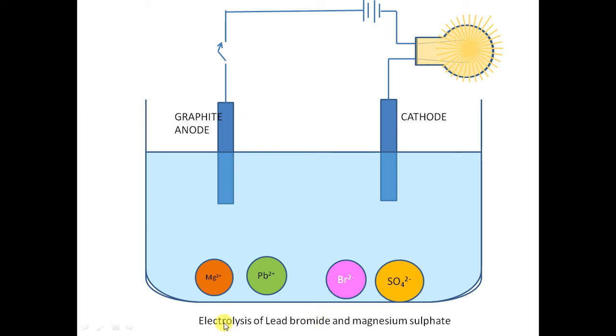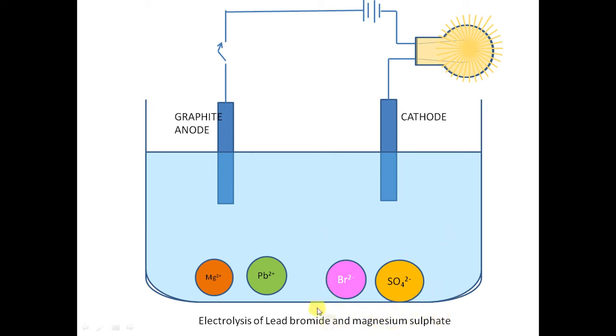The lead bromide compound will form lead ion as well as bromide ion. The magnesium sulfate will form magnesium ion as well as sulfate ion. Now, it's necessary to see that in this experiment, we are getting four ions, which means two cations of positive charge and two anions of negative charge.